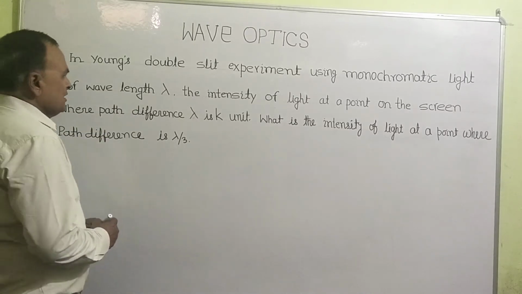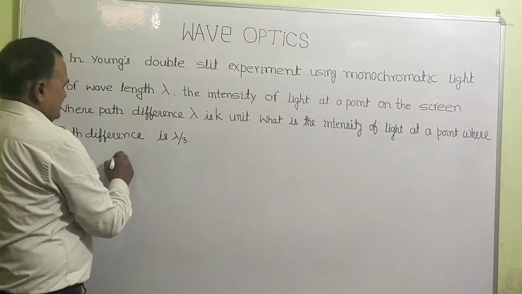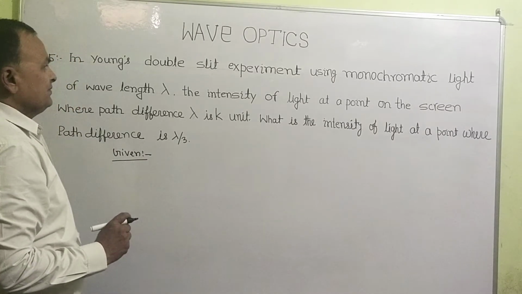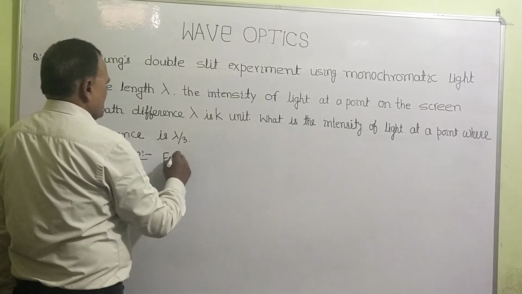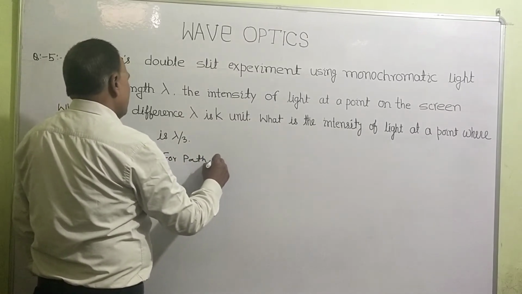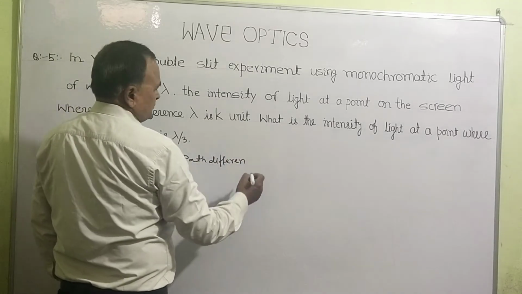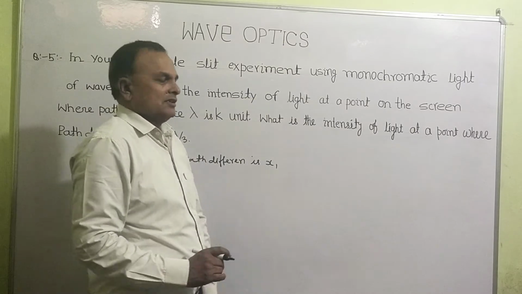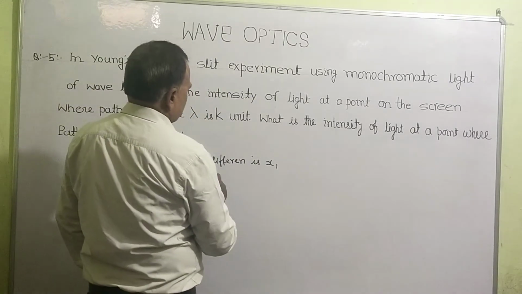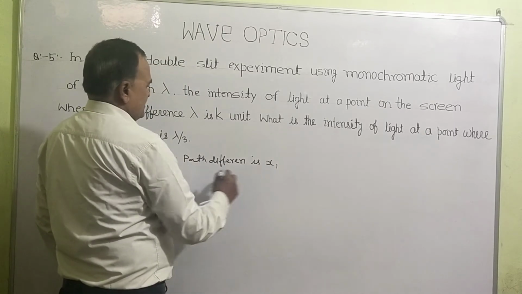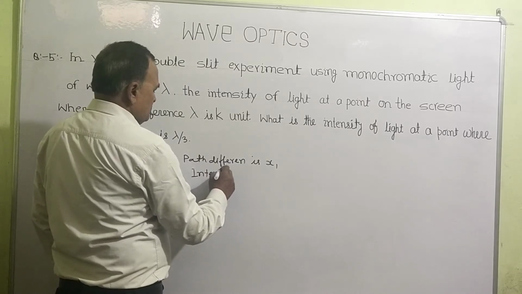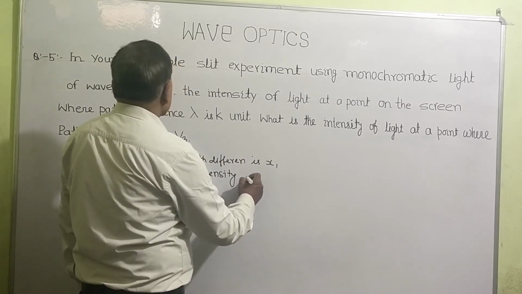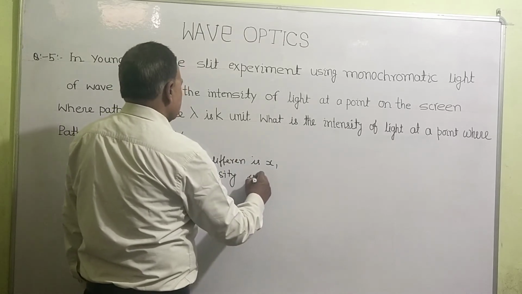What is given here? Suppose the path difference is x1, and for path difference x1 the intensity is k.